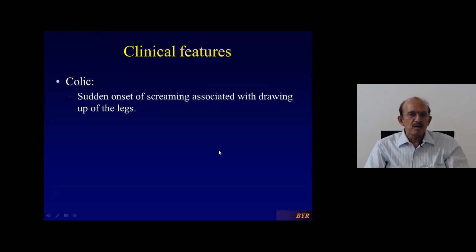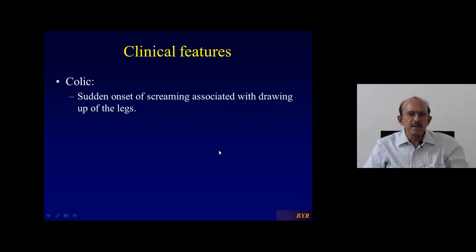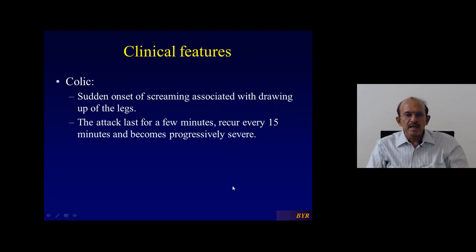So the character of the pain they cannot explain. There will be intermittent attacks of crying by the child. And during the act of crying, the child will draw both the lower limbs towards the abdomen and cry vigorously. The attack lasts for a few minutes, recurs every 15 minutes, and becomes progressively severe.